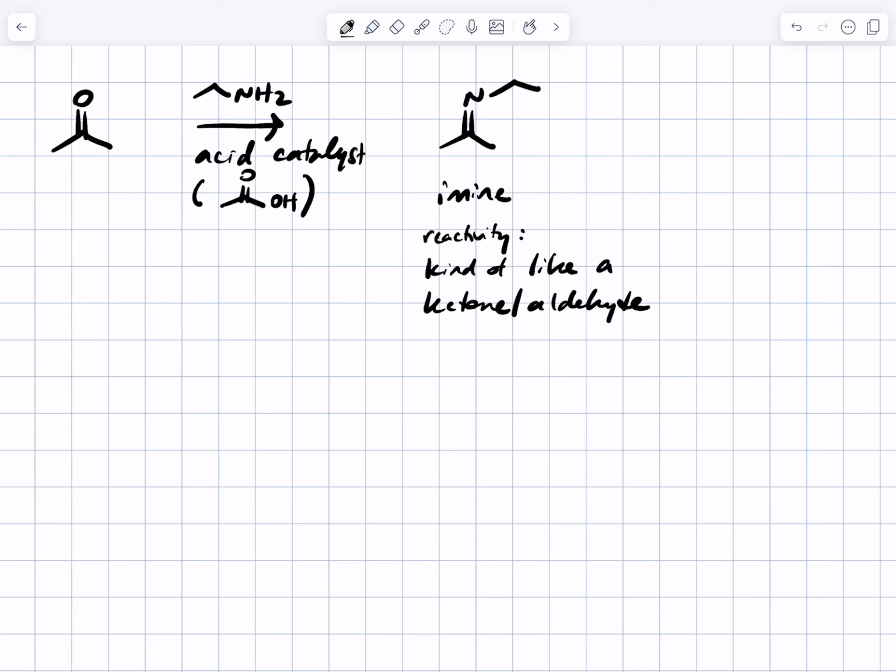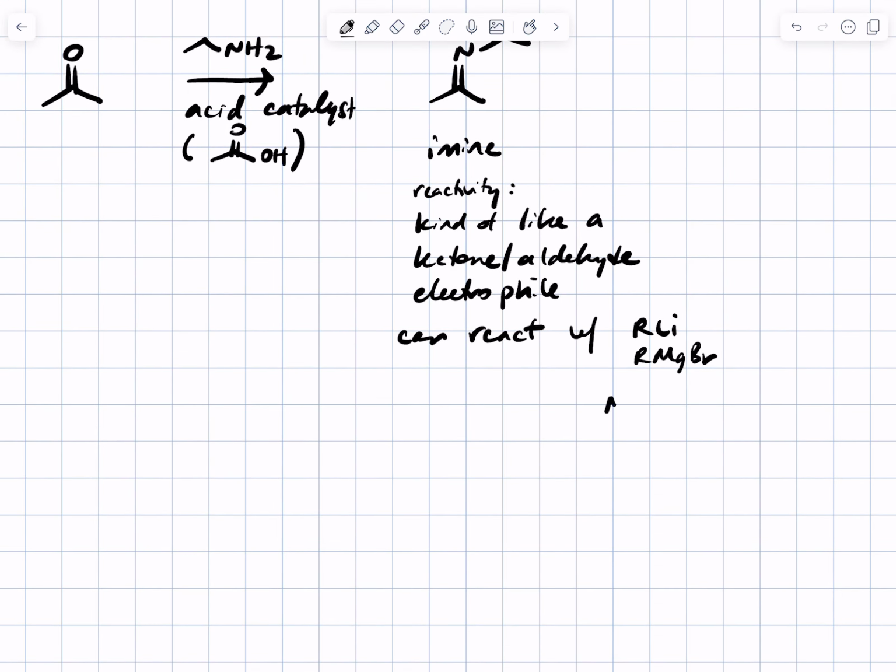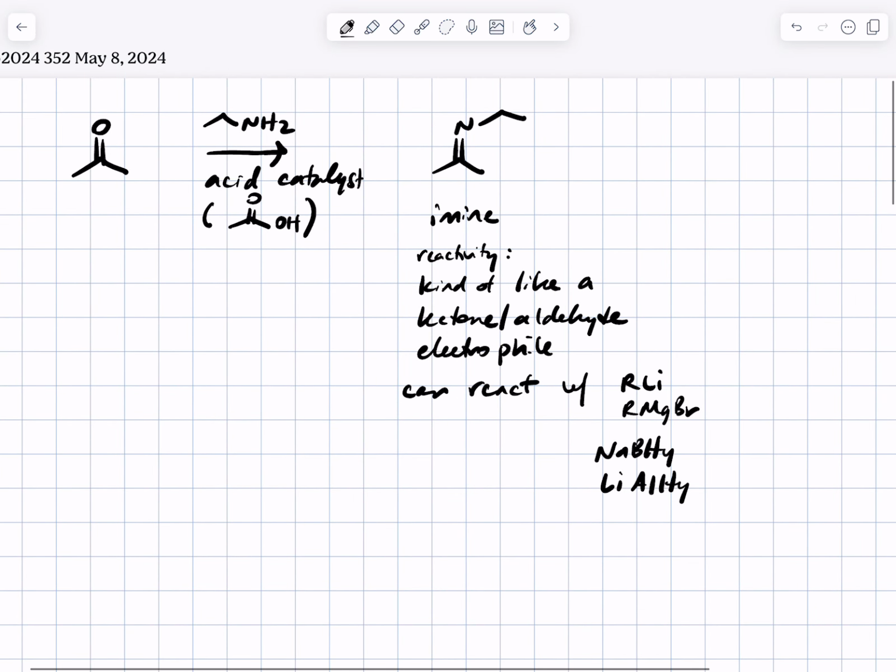What that means is it's an electrophile, and it can react in the same way that aldehydes and ketones react. This could react with organolithiums or Grignards, and it could also react with reducing agents like sodium borohydride or lithium aluminum hydride.